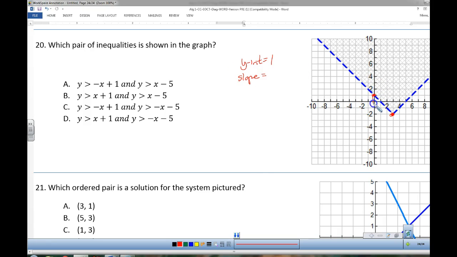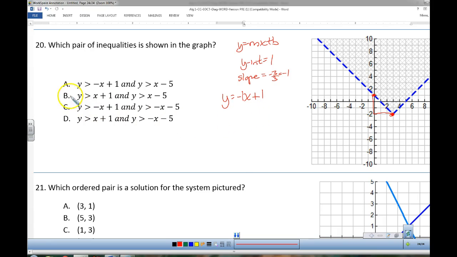Well, down 1, 2, 3, over 1, 2, 3. Down 3 over 3, so my slope is just -1. So in y equals mx plus b form, that's y equals -1x plus 1.